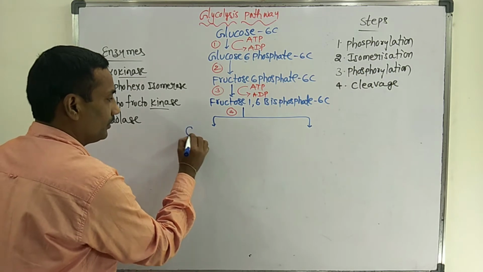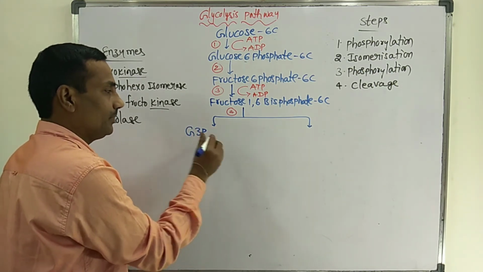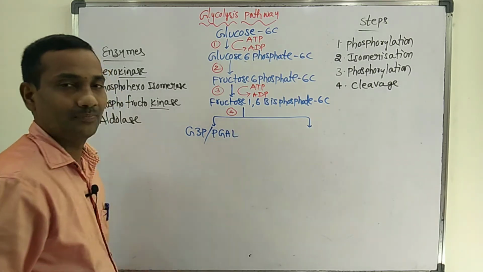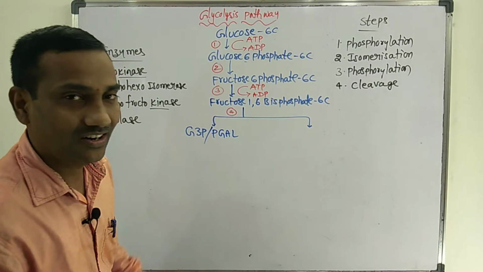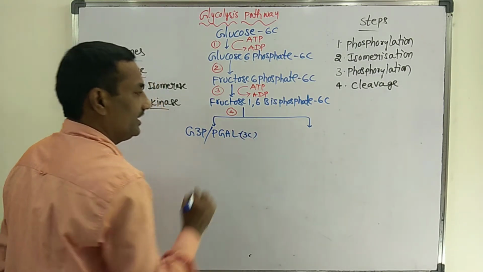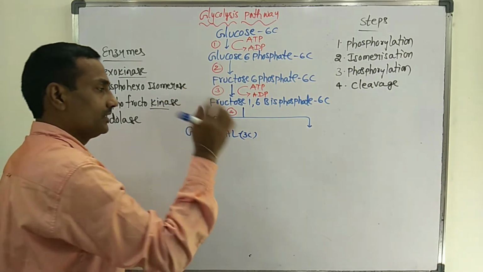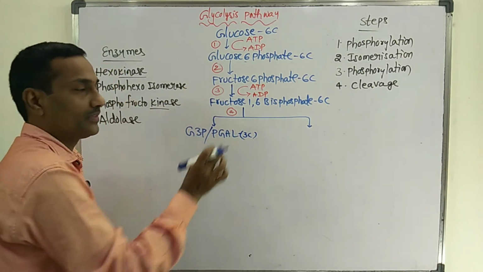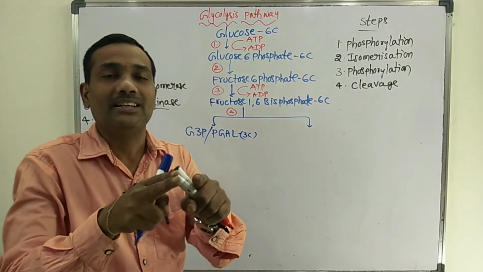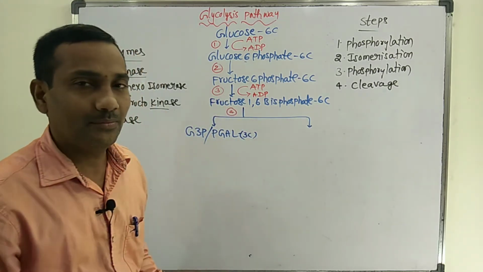The first compound is G3P, glyceraldehyde 3-phosphate. This is otherwise known as PGAL, phosphoglyceraldehyde. This consists of 3 carbons. So PGAL, other name G3P, is a 3 carbon compound. Because of cleavage of fructose 1,6-bisphosphate in the presence of aldolase enzyme, it splits into 2 compounds.